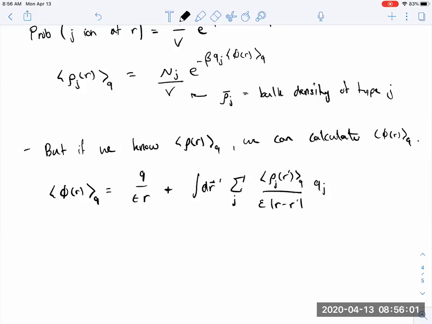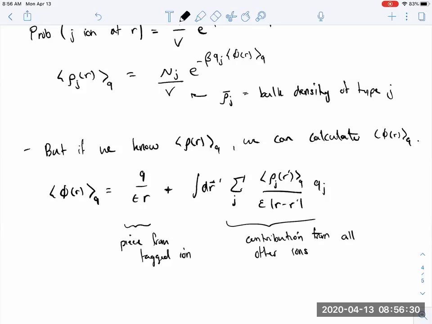So if we unpack this, the potential at some point R has a piece from the tagged ion at the origin, and a piece due to all of the other ions, each of which, through Coulomb's law, contributes a potential at that point R due to their distance from point R and their charge.